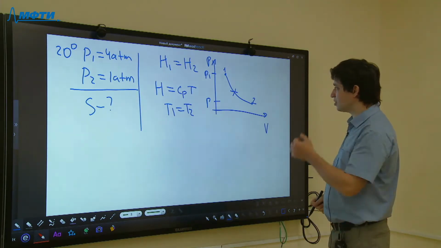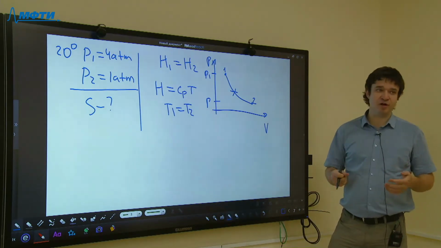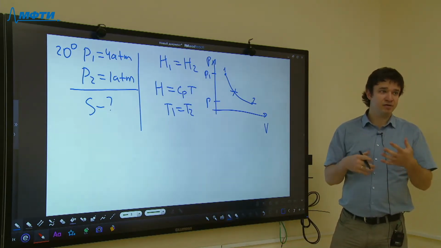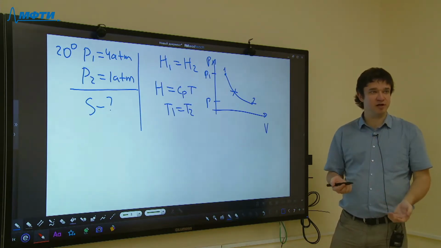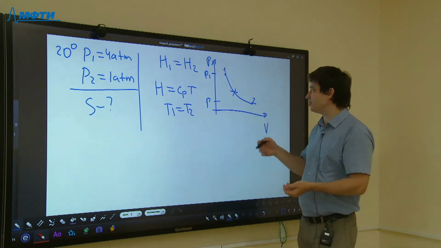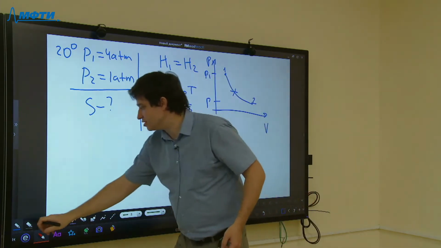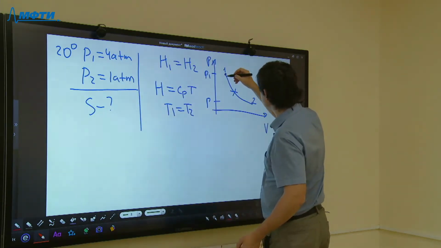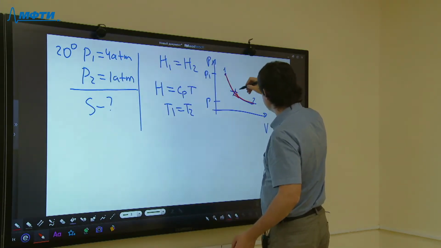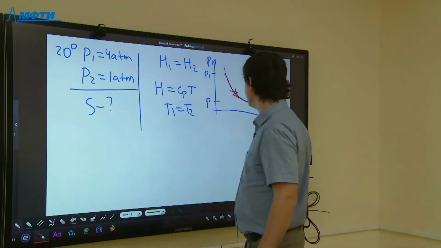But I need to calculate entropy, and entropy change can be found by considering a reversible process which connects the initial and the final point. So for calculation of the entropy change, it's a good idea to consider an isothermal process instead of this gas throttling. I consider an isothermal process which connects the initial and the final point.